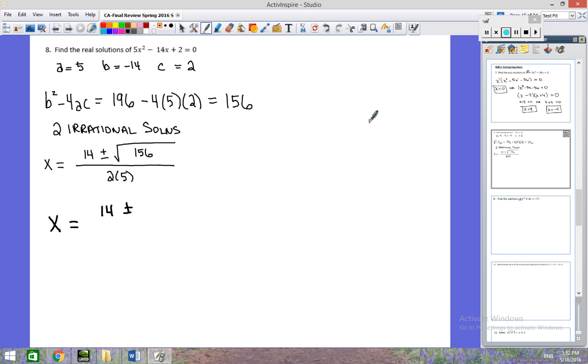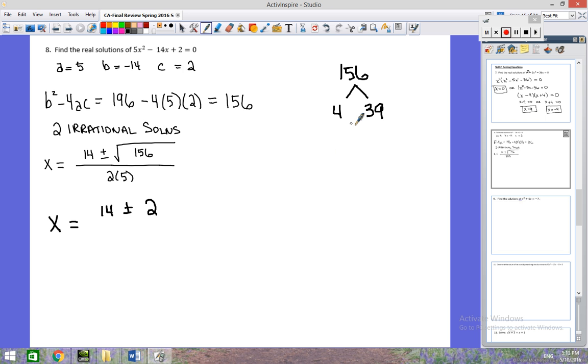156 is divisible by 4. 156, I think, is 4 times 39. So although 156 isn't a perfect square, I can find a perfect square that divides it. I know the square root of 4 is 2.